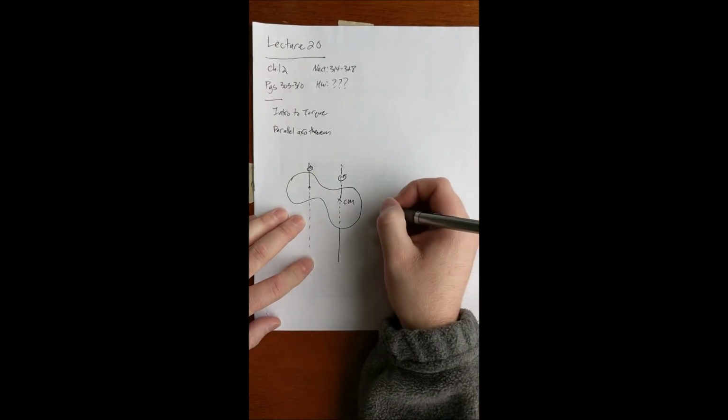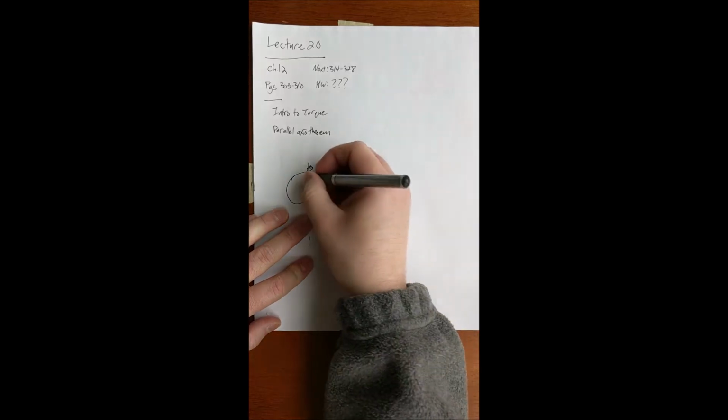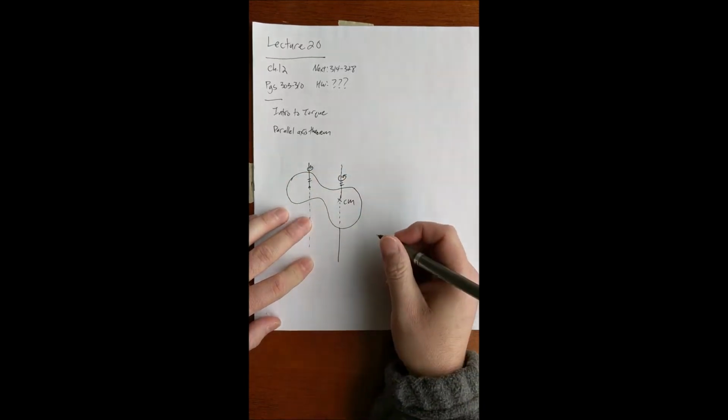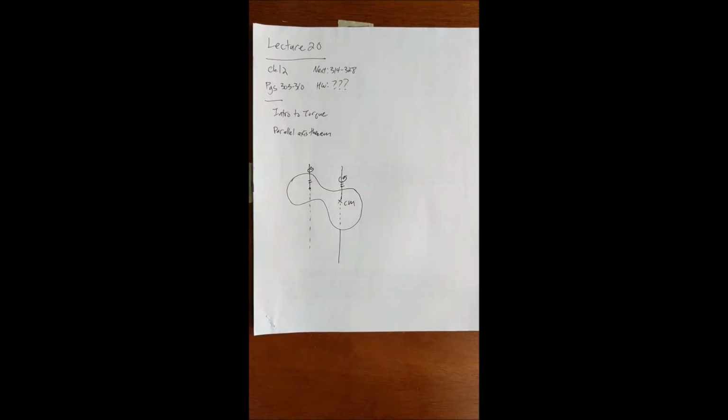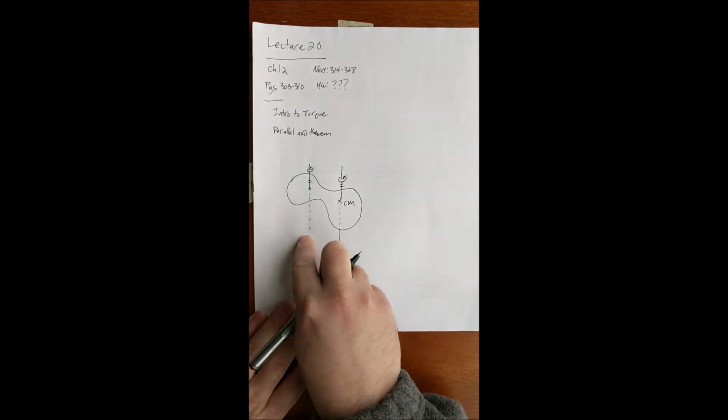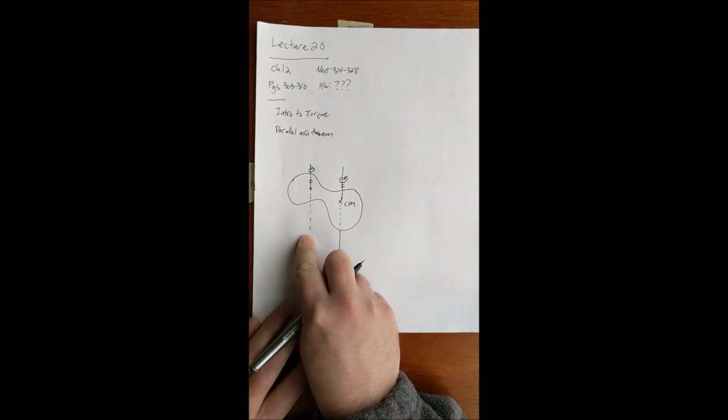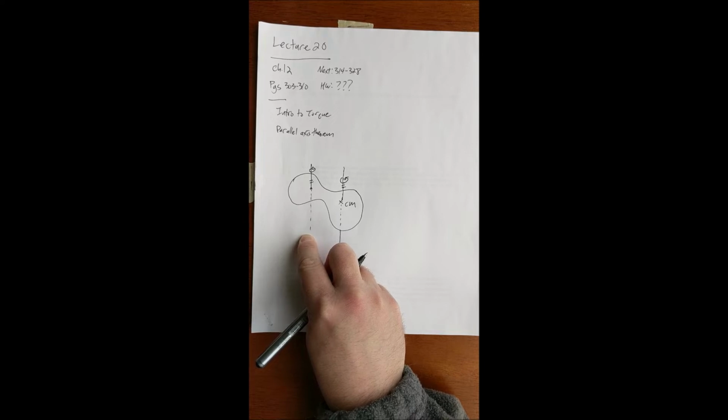Now, if both of these axes of rotation are parallel, right, then we can calculate the moment of inertia about this new axis of rotation by starting with considerations of energy.